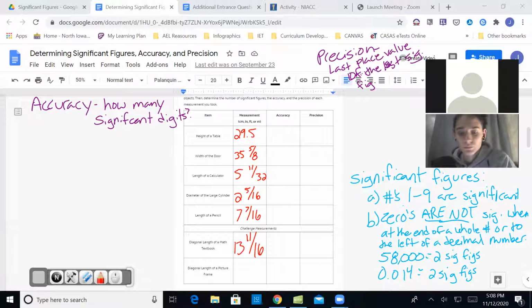There are no zeros here. So how many numbers do we have in our measurement? Casey says 3. So the accuracy is 3 significant figures. If you just wanted to write 3 here, I'm okay with that.